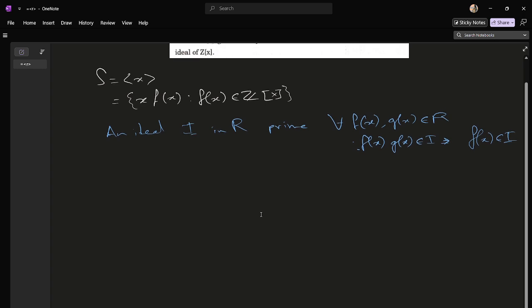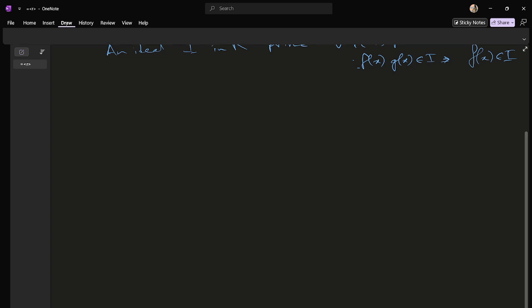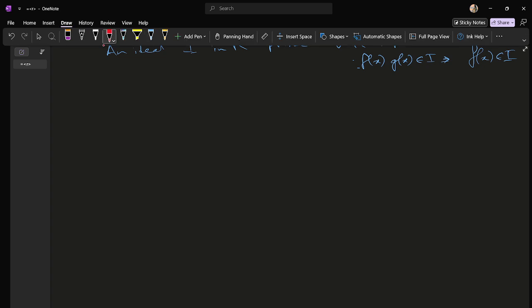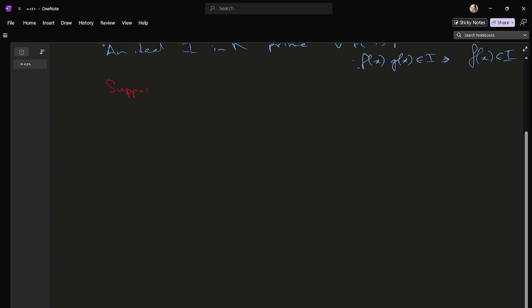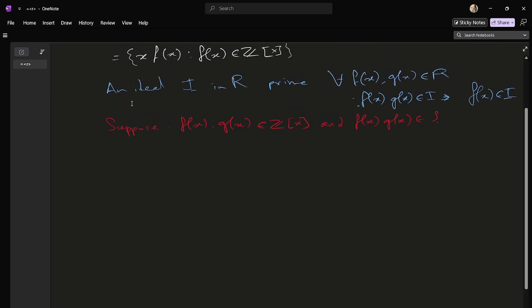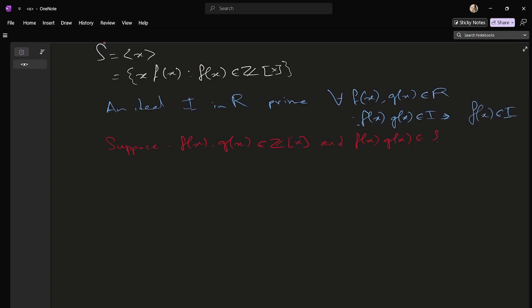How can we prove that? Suppose f(x) and g(x) belong to Z[x], and f(x)g(x) belongs to S. Then, as an element of S, it will look like x h(x), where h(x) belongs to Z[x].